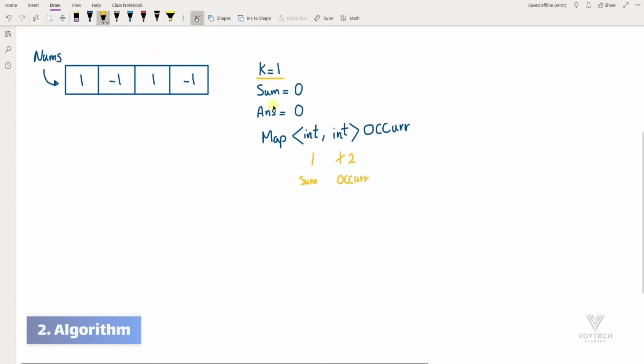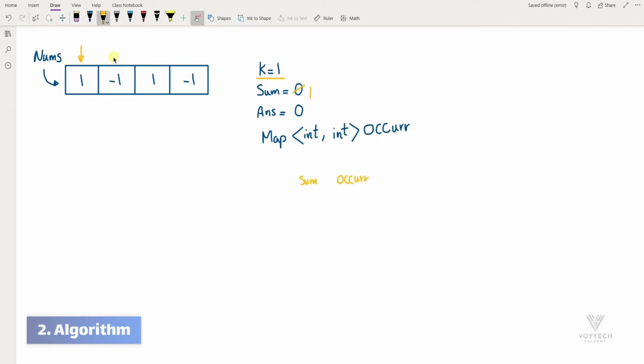So k is 1, and initially sum and answer are equal to 0 because we haven't started iterating through the array, so we don't have any sum. We begin from the first cell of the array. Now sum equals 1, and we have to put 1 in the map also.